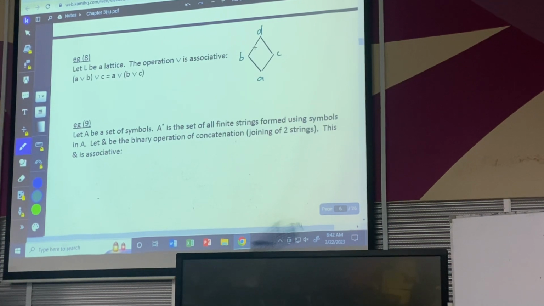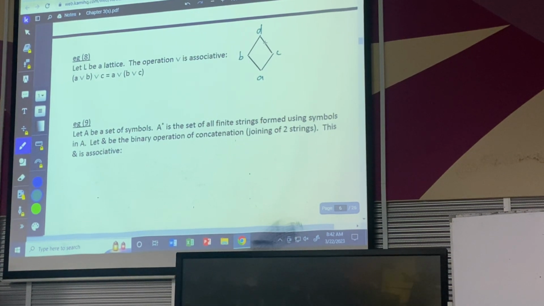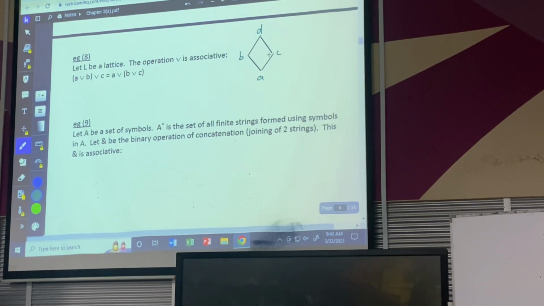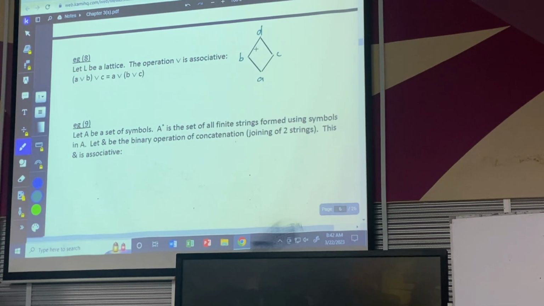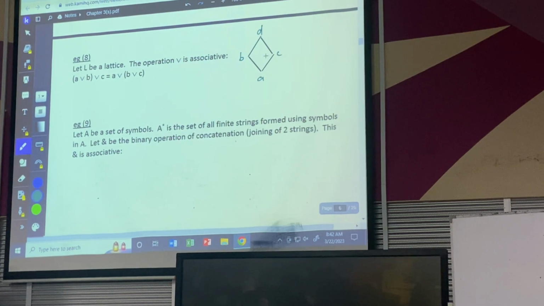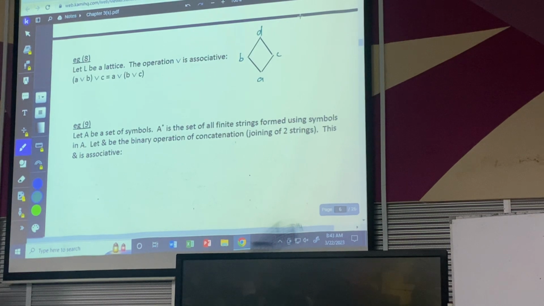I try to find whether they have a greatest lower bound and least upper bound or not. If for any two elements here we can find their least upper bound and also their greatest lower bound, that means this is a lattice. So another way to say it: a lattice is a set where you can find, for any two elements, a greatest lower bound and a least upper bound.